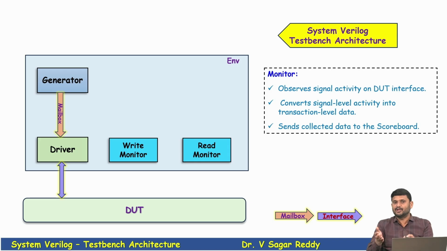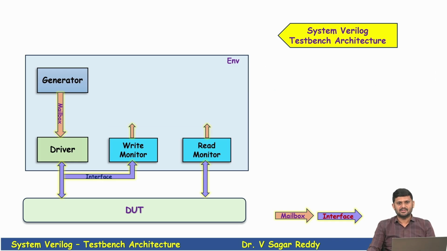It captures what the DUT produced and sends it to the comparison logic inside the scoreboard. These monitors are passive in nature. They never drive any signals, they only watch and report. Simply put, the write monitor is the witness to the input, and the read monitor is the witness to the output. Together they give the scoreboard everything it needs to judge.